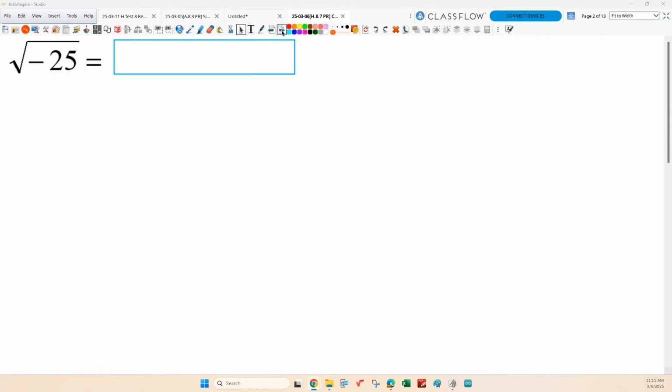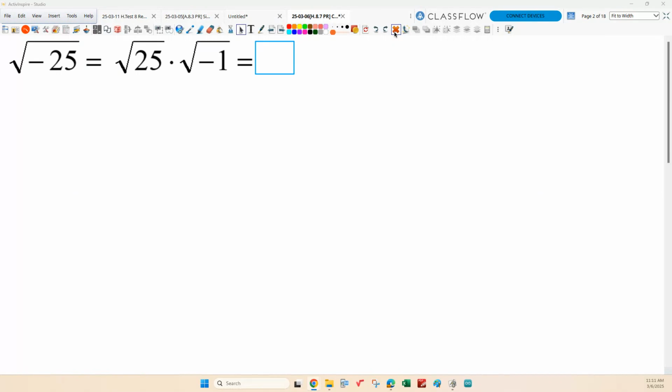Then we're able to simplify something like the square root of -25. How could I split that up? If I know that i is equal to the square root of -1, what could I do here? I'm going to break it up into the square root of +25 times the square root of -1. What's the square root of 25? 5.